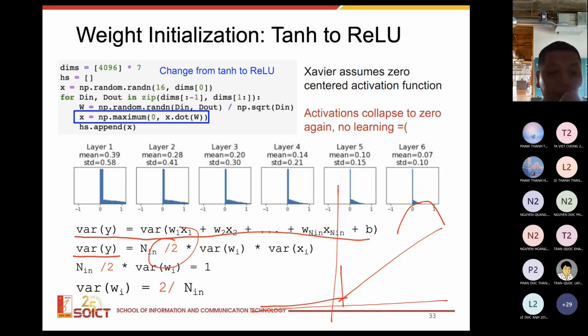Okay, and then for the ReLU function, you can initialize the weights to have a variance of 2 over the number of input dimensions. If you do this initialization, you see there is no vanishing of the gradient in the layers.